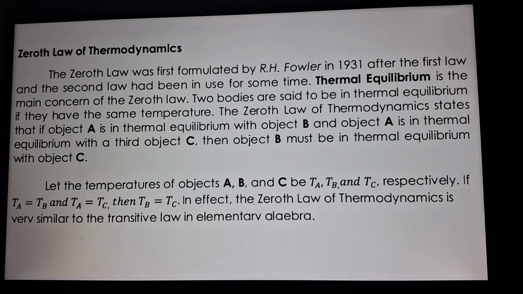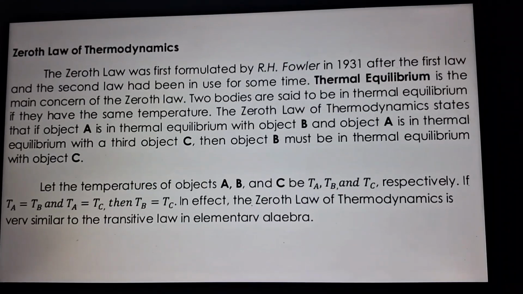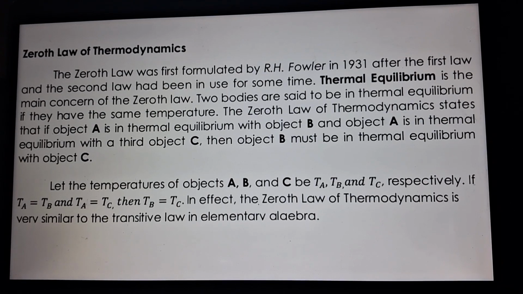If the temperature of A equals the temperature of B, and the temperature of A equals the temperature of C, then the temperature of B is equal to the temperature of C. In effect, the zeroth law of thermodynamics is very similar to the transitive law in elementary algebra.